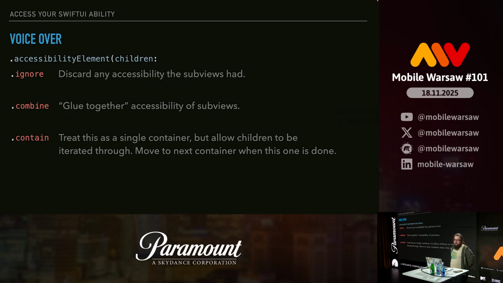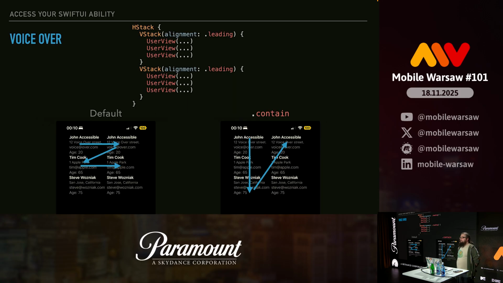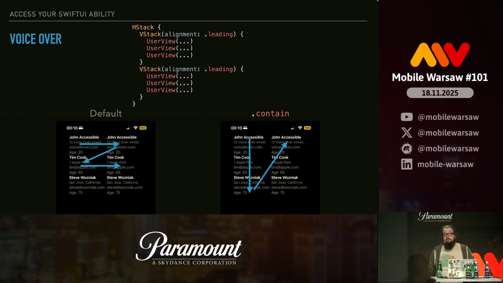And the last option, contain the children, is a bit tricky because it will still allow you to move through each child element alone, but it affects the sort order from a global screen perspective, and it's best illustrated with this example. So if you had a two-column layout, then although it could seem that VoiceOver should move from view to view the way you have them in code, it actually follows the language order, the language direction, for your user.